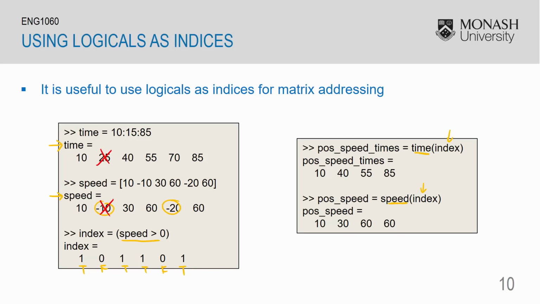Third and fourth are both true. The fifth is false, so it will get rid of the fifth elements. And therefore you're left with positive speed times equals 10, 40, 55, 85. And the corresponding positive speeds are 10, 30, 60, and 60.